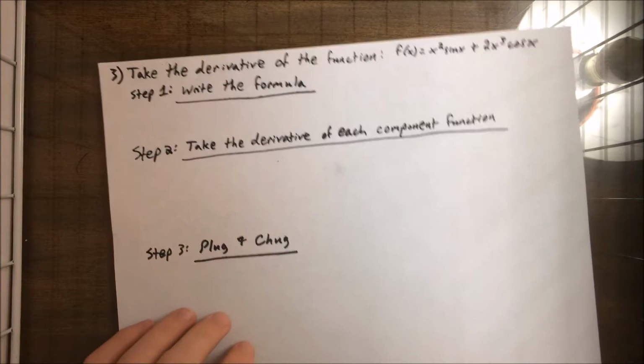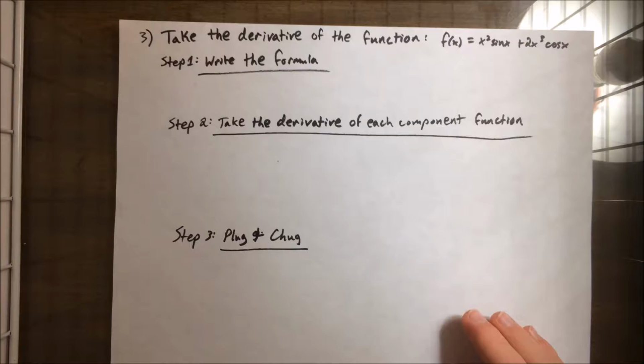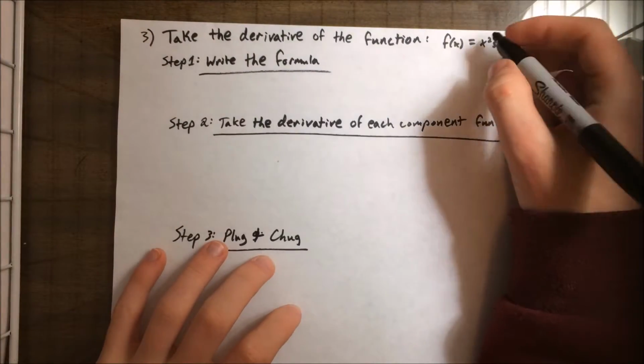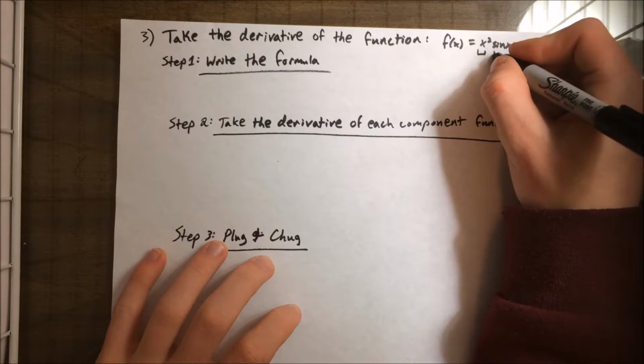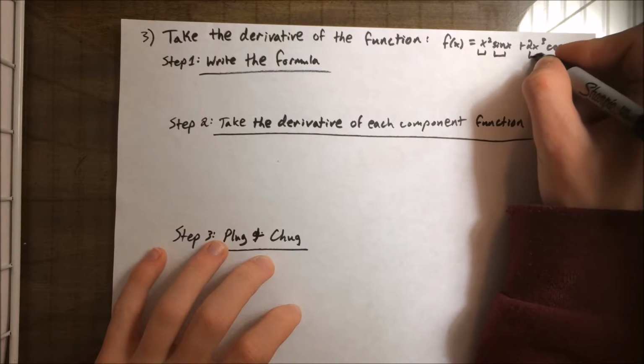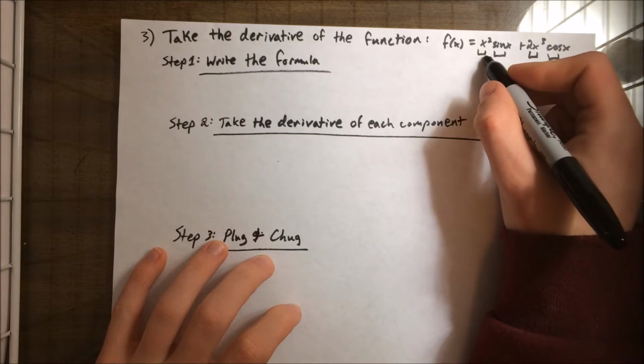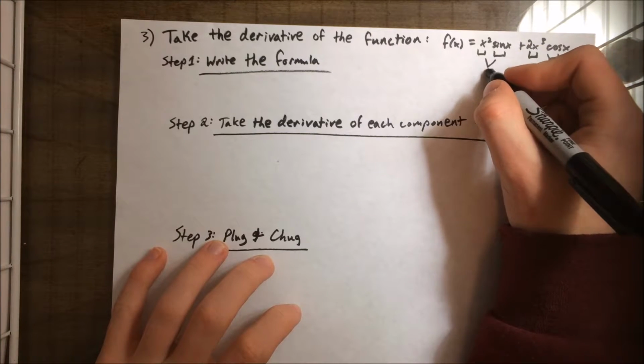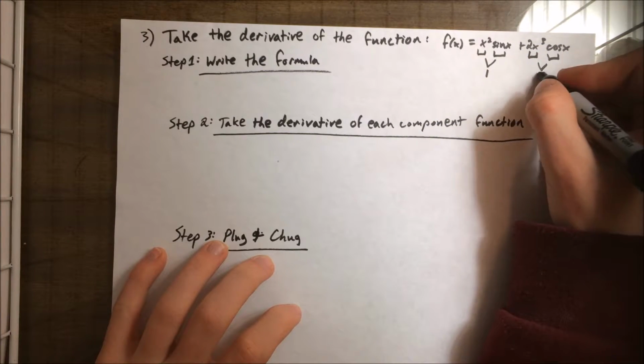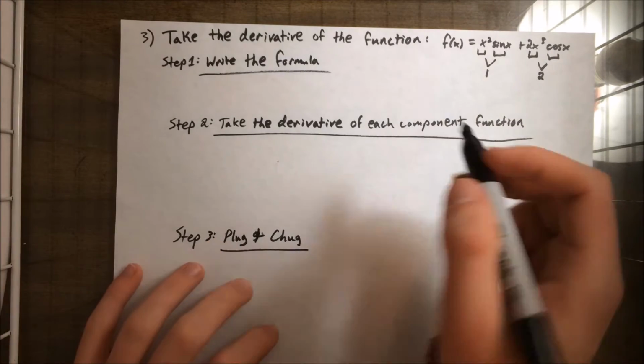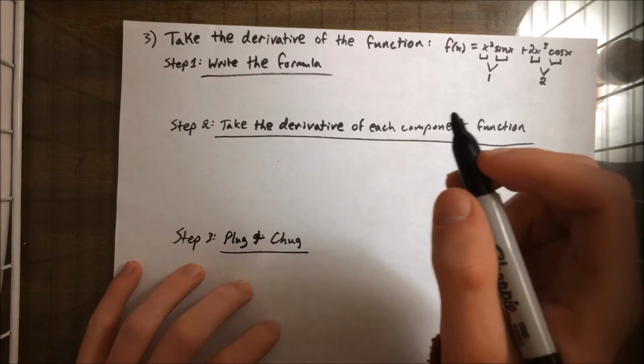This example is going to be a little bit more difficult because it has two parts. Alright, so yeah, this one has that component and that component, and then that component and that component. So let's call this set 1 and then that set 2. Alright, so step 1 is to write the formula.